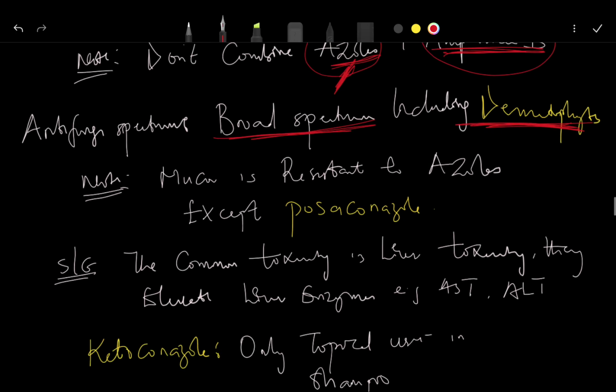However, take note that mucor is naturally resistant to azoles except this latest azole called posaconazole. So posaconazole is the only azole currently that can kill mucor. Mucor even till now is resistant to azoles except posaconazole.